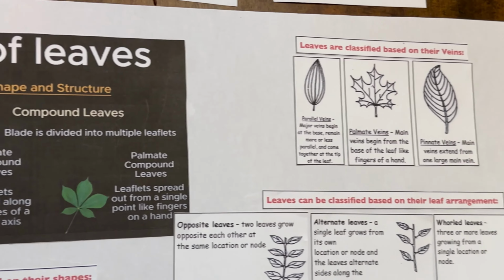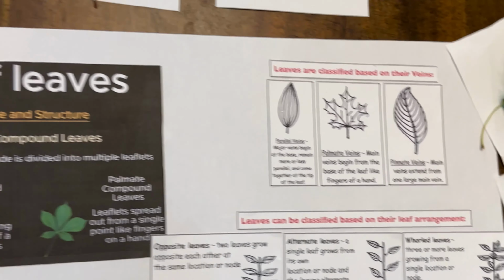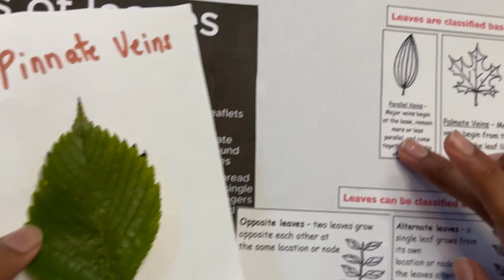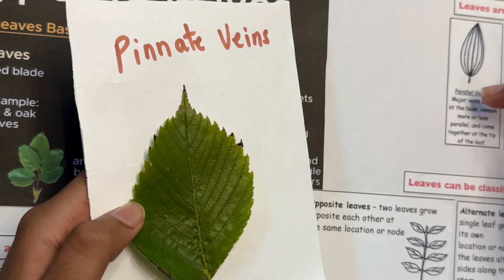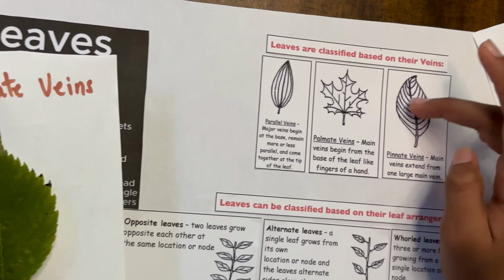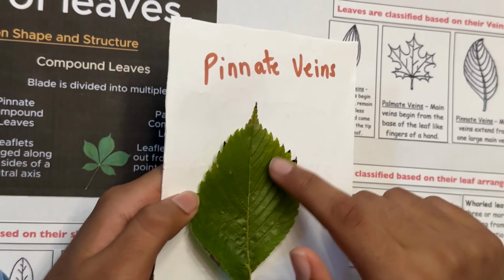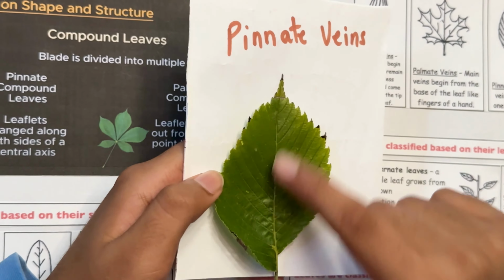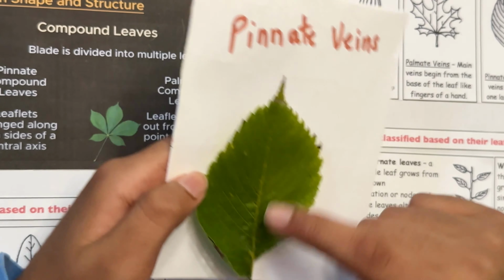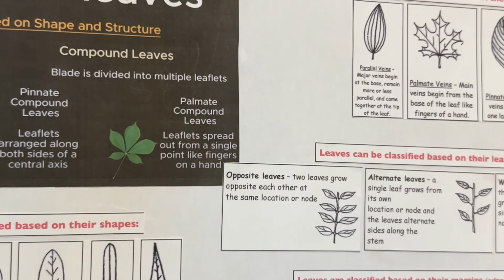Lastly, we have pinnate venation. Pinnate leaves look kind of similar to parallel leaves. However, instead of moving in a parallel rotation, the veins move in a much more curved rotation, and they still touch the midrib over here. The midrib is actually the base that allows the veins to continue and spread out.